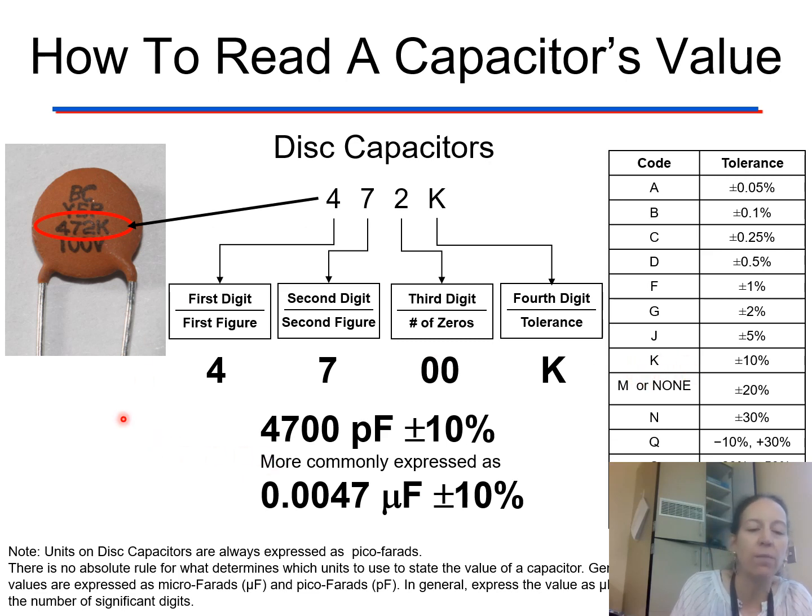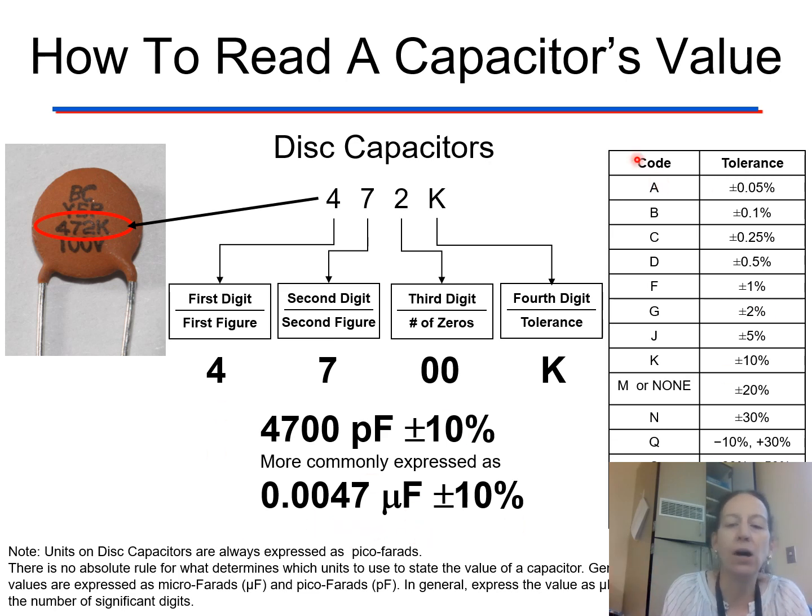Now, note that disc capacitors are always expressed as picofarads. So if you're wondering, how did you know it was a picofarad? If it's a disc capacitor, it's always expressed in picofarads. There's no absolute rule that determines which units to use for this, and I kind of mentioned that earlier. So you can say 4,700 picofarads, or you can say 0.0047 microfarads.